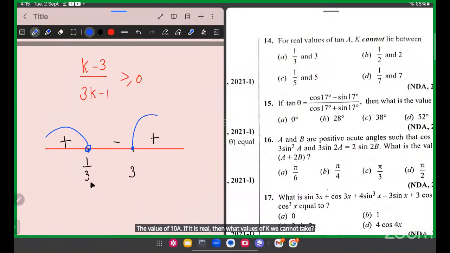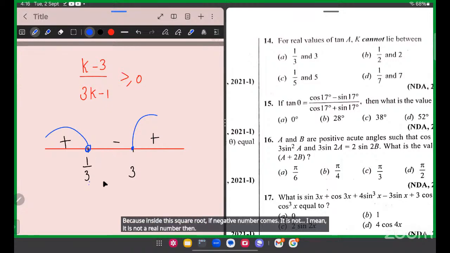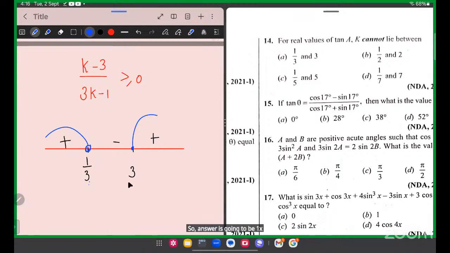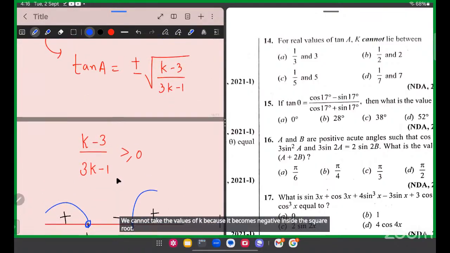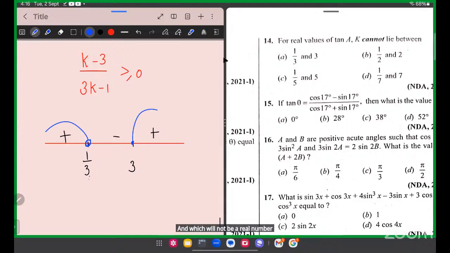Between 1 by 3 and 3 it becomes negative, which is not possible, because if a negative number comes inside the square root, it is not a real number. So the answer is going to be 1 by 3 and 3, right? Between 1 by 3 and 3, we cannot take the values of k because it becomes negative inside the square root, which will not be a real number. So the answer will be option B.